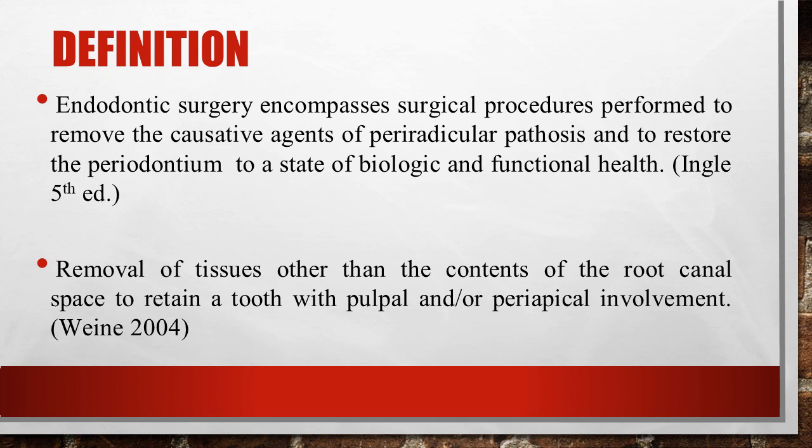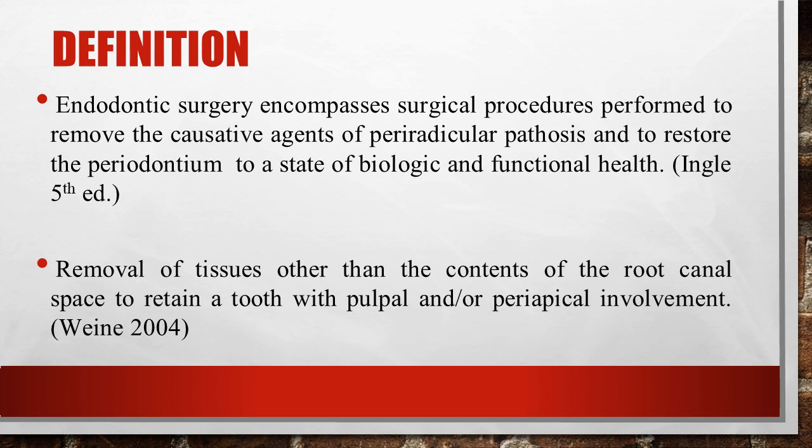So, what is the definition of endodontic surgery? These are the surgical procedures which are performed to remove the causative agents of periradicular pathosis and which restore the periodontium to a state of biologic and functional health. So it's a very simple definition. It is nothing but the procedures which are carried out to remove the causative agents.